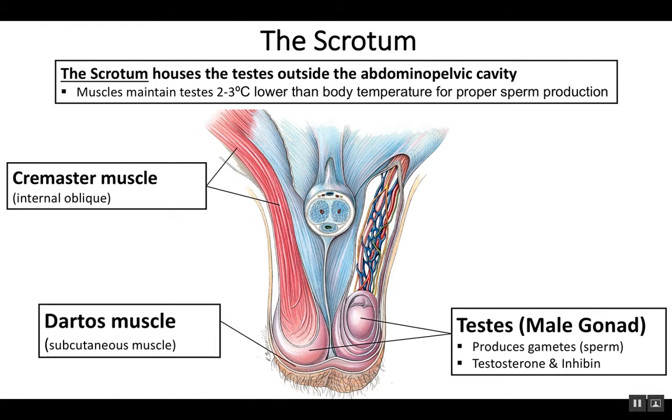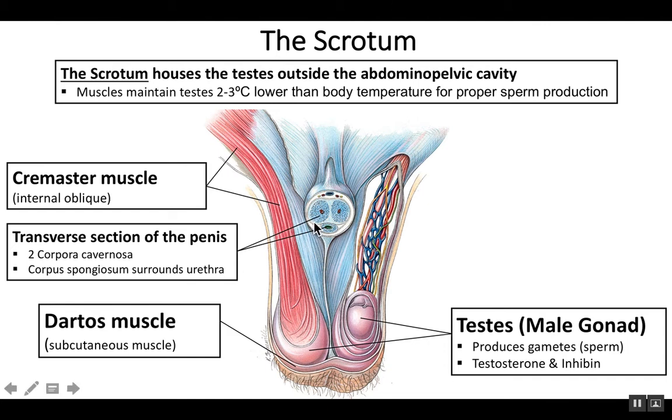There's also a thin layer of muscle just below the skin of the scrotum called the dartos muscle. So this is a subcutaneous muscle which, when it contracts, it can also help move those testes closer to the body. And this helps the loss of heat from the scrotum.